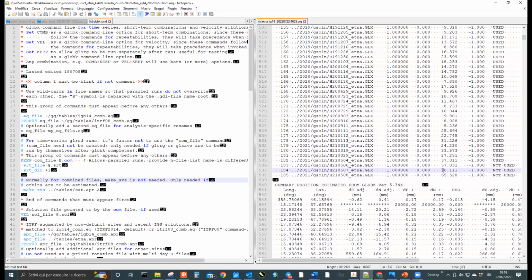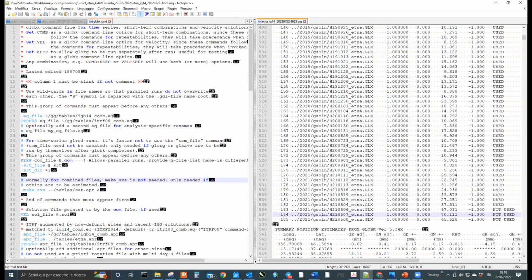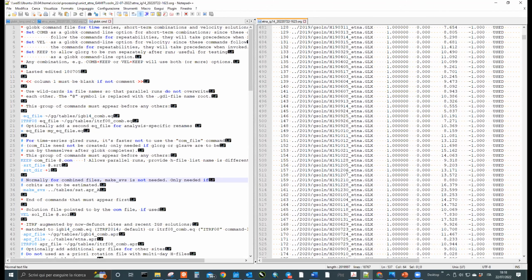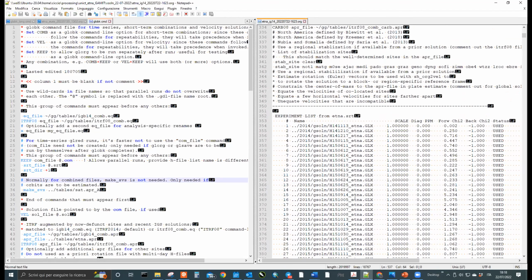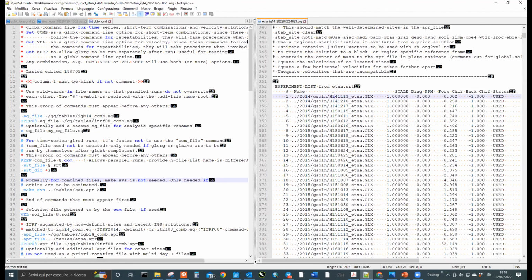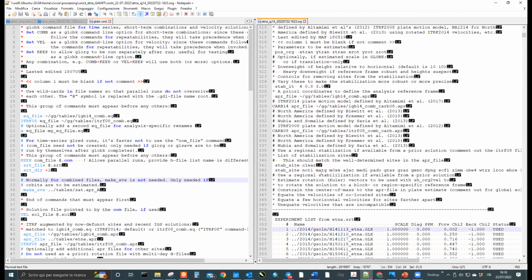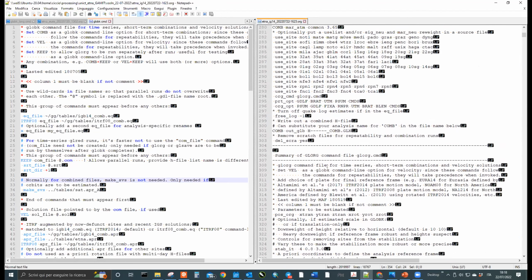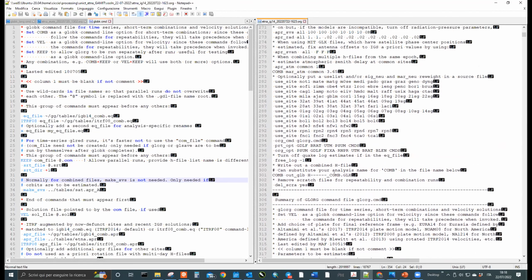This is something where it would be a lot easier if we were in person, and I could take your computer and try to figure out what is in these files. Numbers like that. Are you doing a velocity run here? No, not velocity, but position.